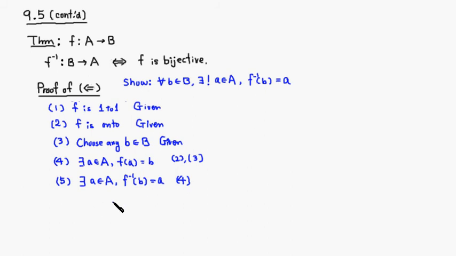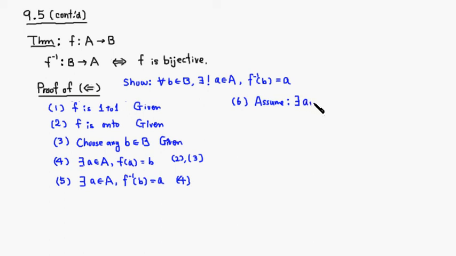So we have to show that this A is actually unique, right? So let's come over here, 6. So let's try to show that it's unique, right? So assume that there exist a couple different A's.